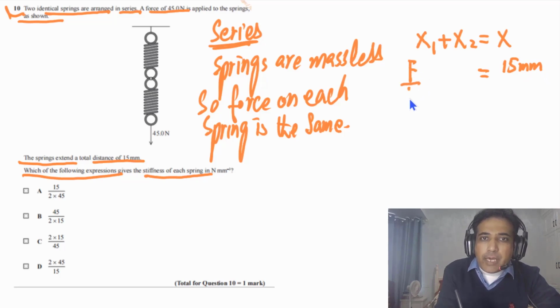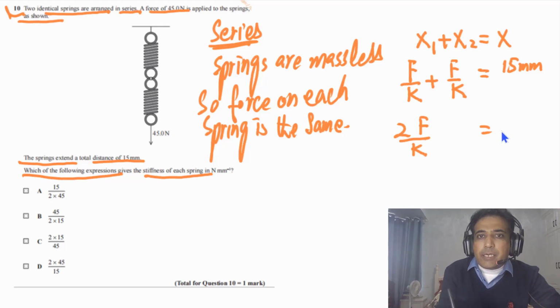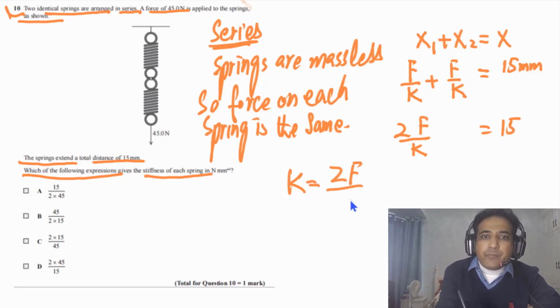This has to be equal to f divided by k plus f divided by k. Now if we simplify, we can say this is 2 times f divided by k, and this is equal to 15. So from here we can say k has to be equal to 2f divided by 15.